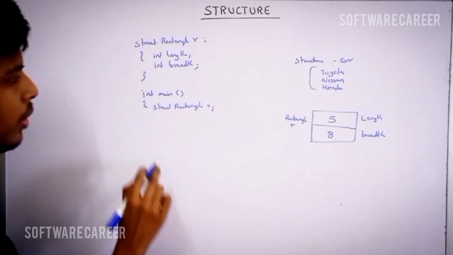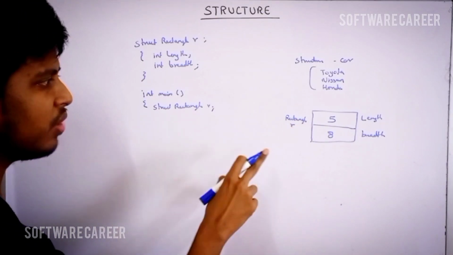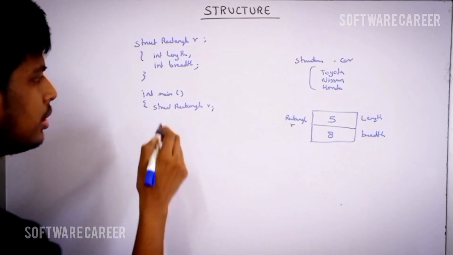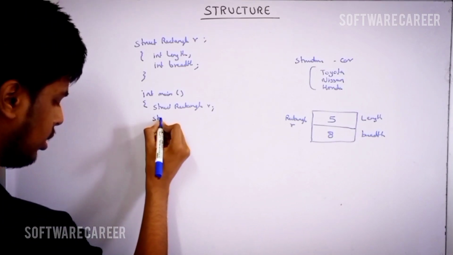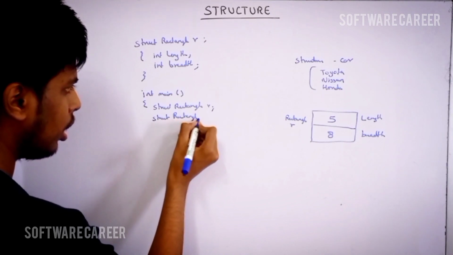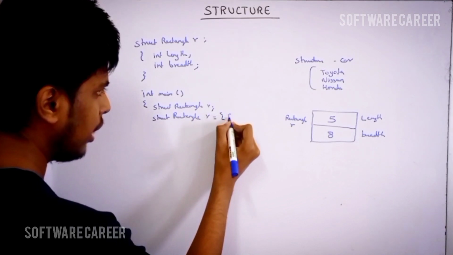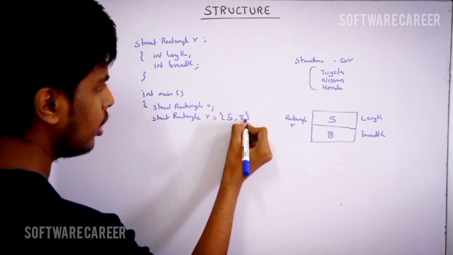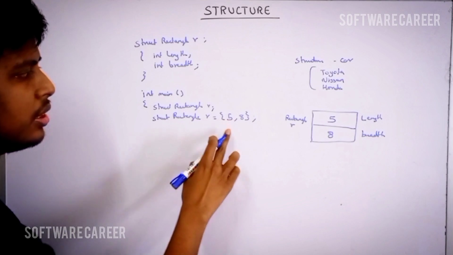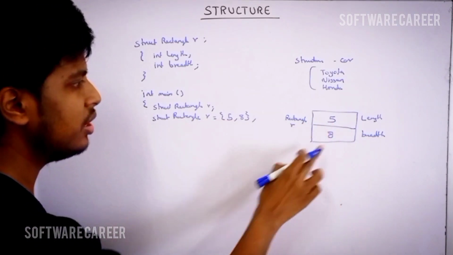How to set them? struct rectangle r equals 5, 8. You have set the values for the rectangle, length and breadth, as 5 and 8.